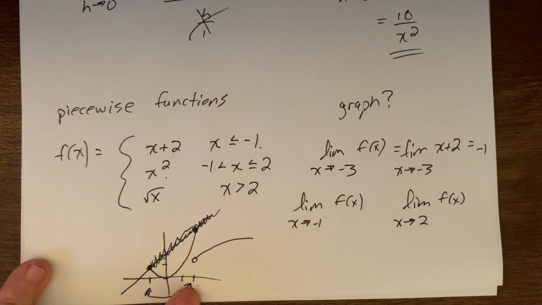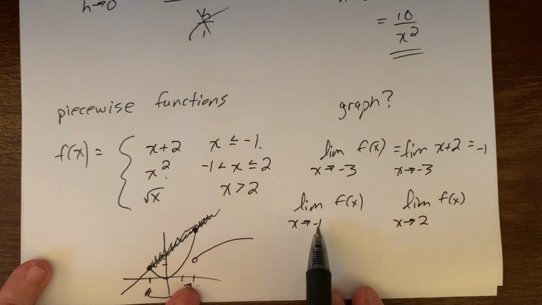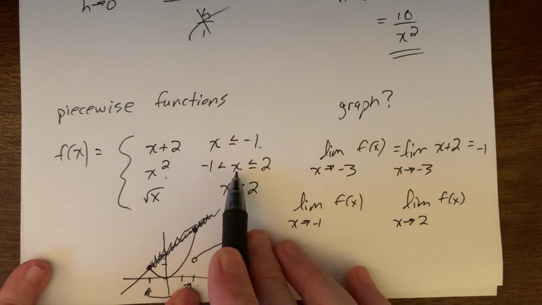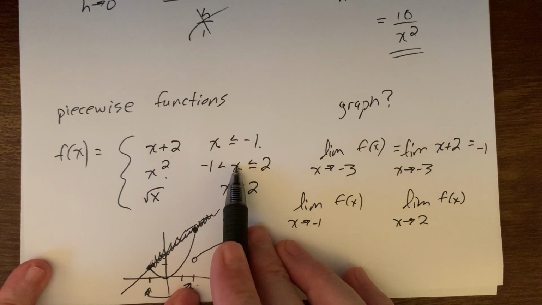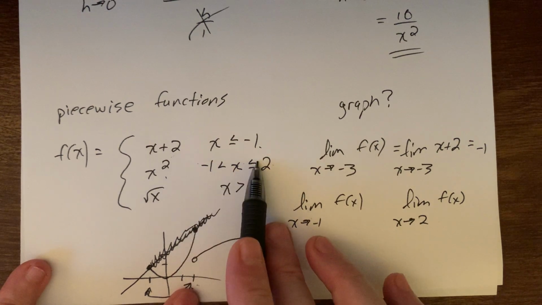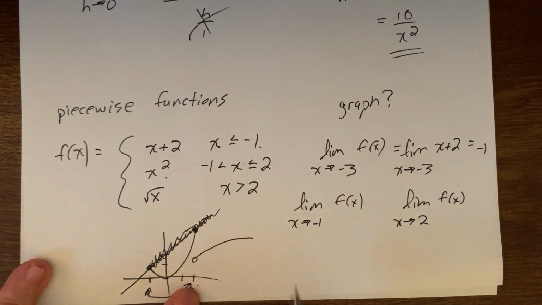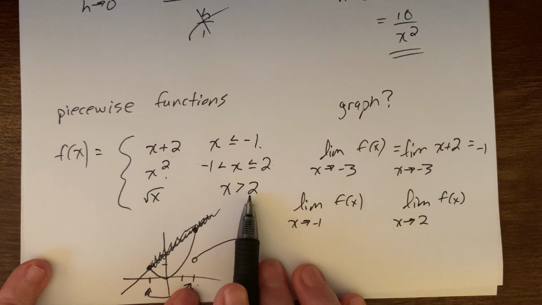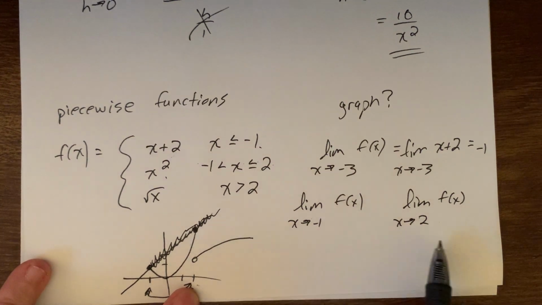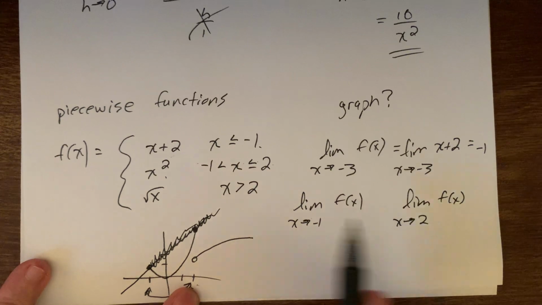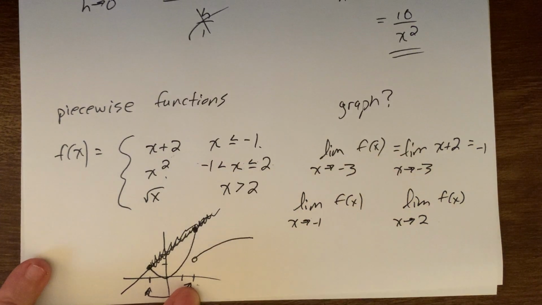If that was the question, that is what we would do, but it's about the limit. As you approach -1, you're going to get values that fall in here. -0.8, -0.9 are in between these two values, not less than -1. Same thing with 2: 2.3, 2.2, 2.1. All those x's are legitimate x's that approach 2, and they're here, not here.